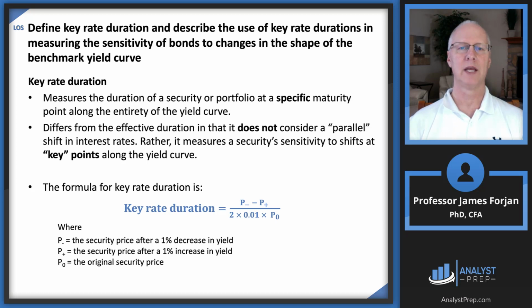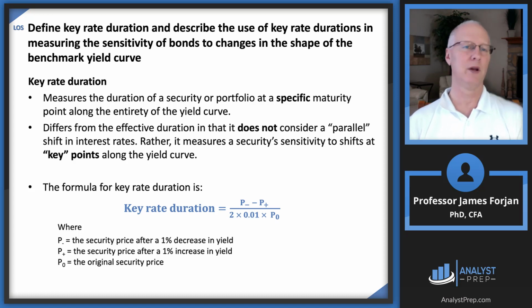How about key rate duration? What we've talked about so far is this concept of duration, whether it's effective or Macaulay or modified. And what we're assuming here is that the entire yield curve, remember now we did yield curves in the previous reading, the entire yield curve shifts upward or downward by the same amount. This is called a parallel shift in the yield curve.